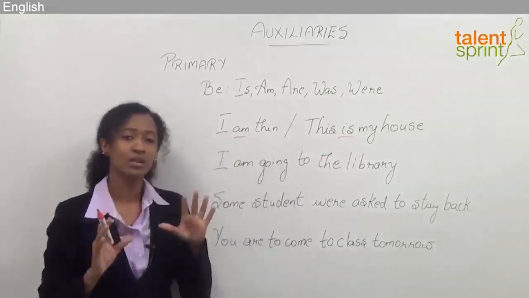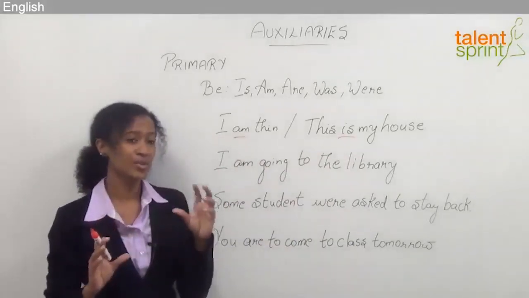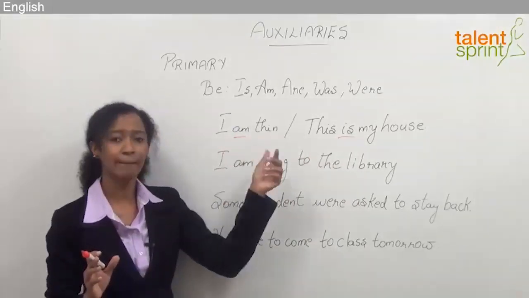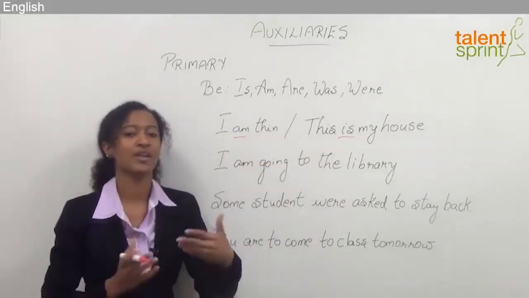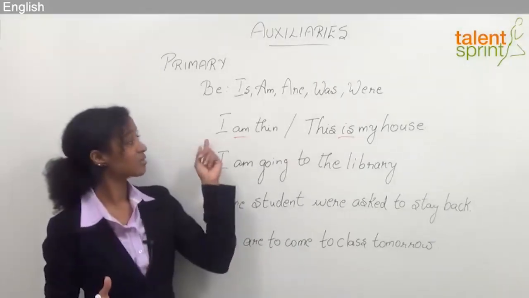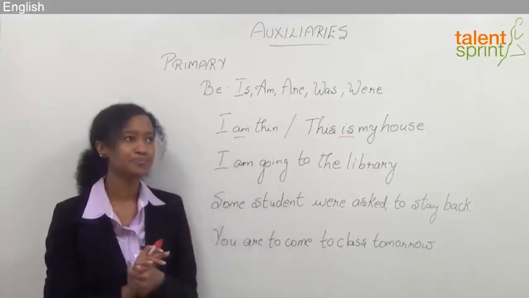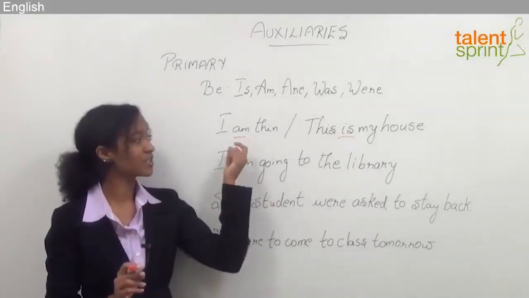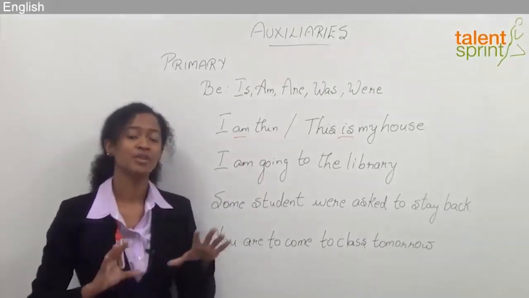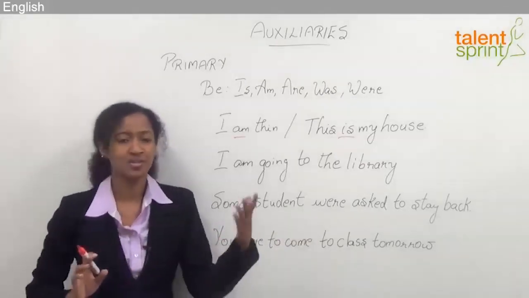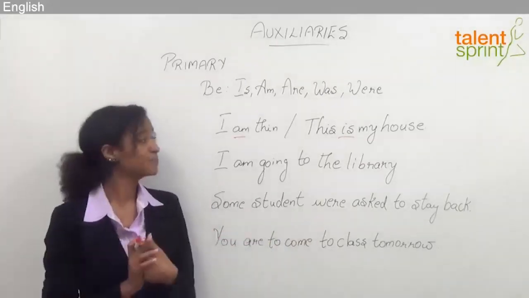So, here it functions as a principal, the main verb, right? And it is intransitive. What is an intransitive verb? That does not have a direct object, right? So, I am thin, or this is my house, or he is my friend, or she is my brother, or she is my sister, right?